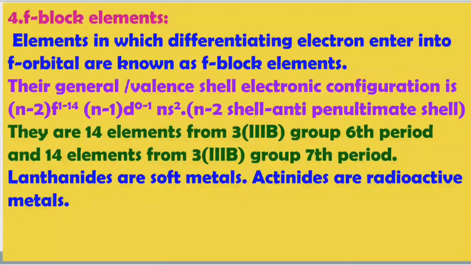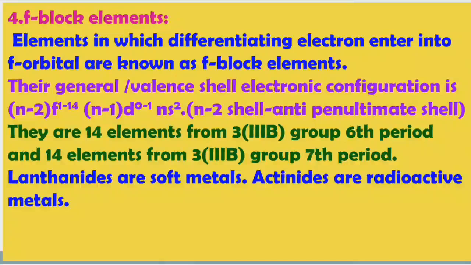They emit radiation. For example, uranium, plutonium and neptunium emit radiation. Elements which have atomic number more than 83 are radioactive metals. They emit radiation.